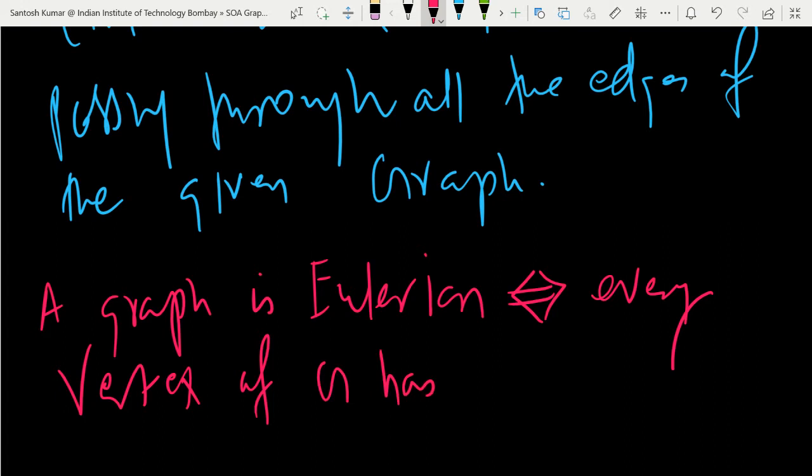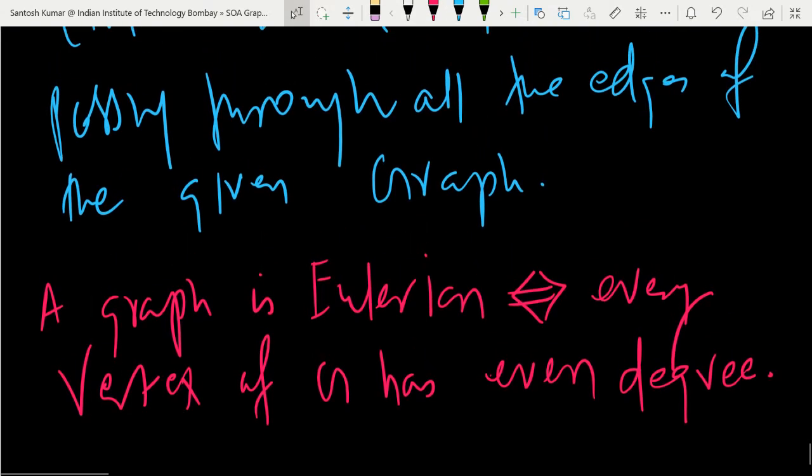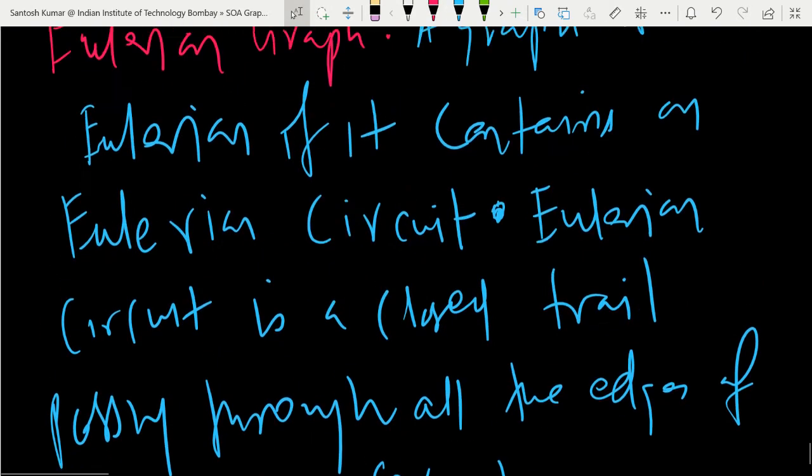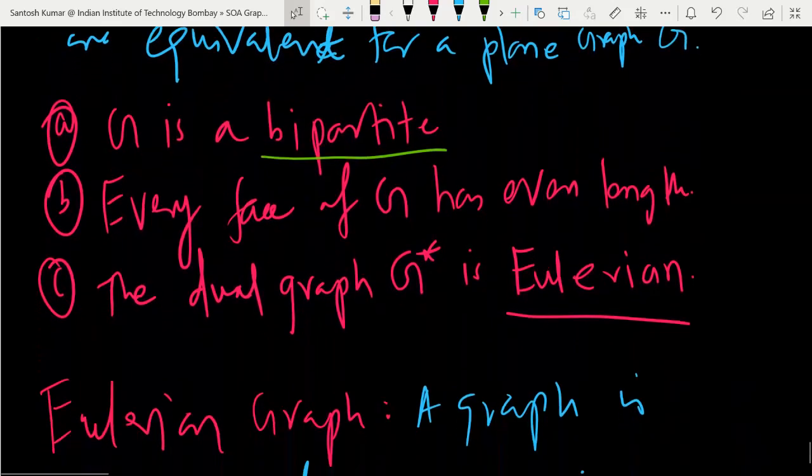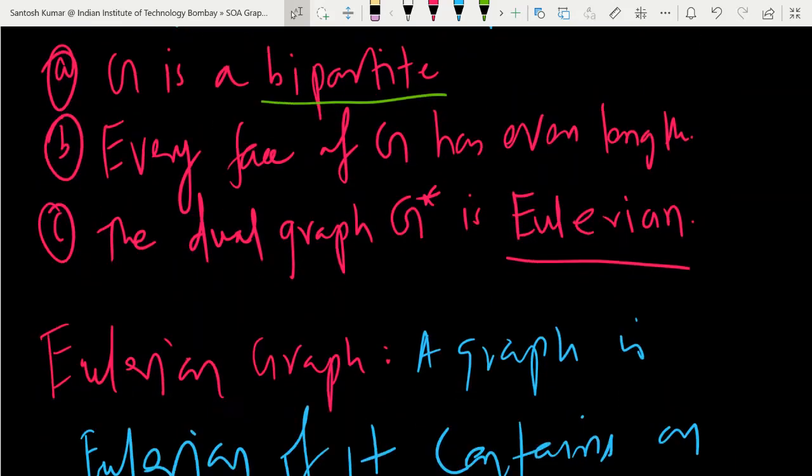Even or odd? Even. So a graph is Eulerian if every vertex of G has even degree. Okay, this will be used, and these two words are involved.